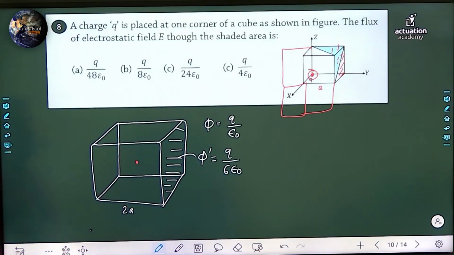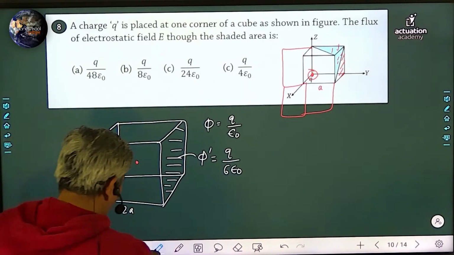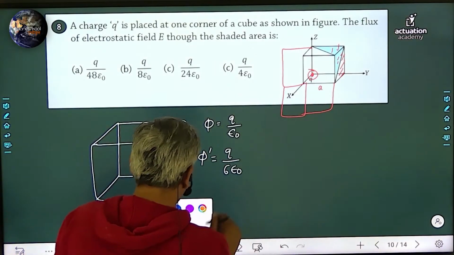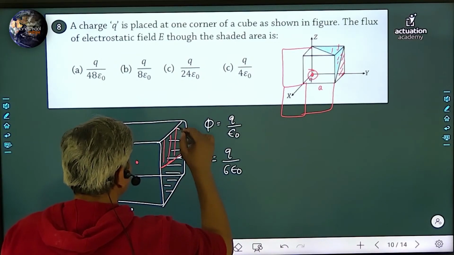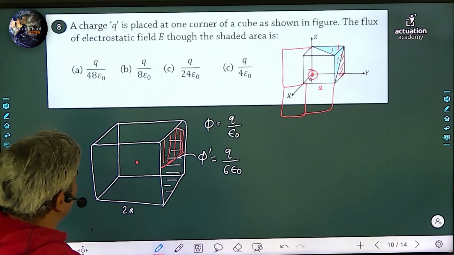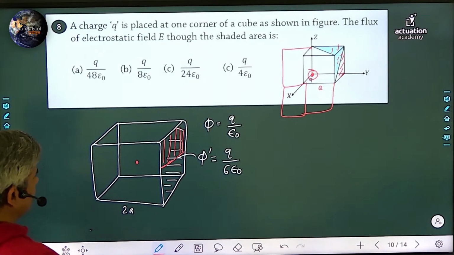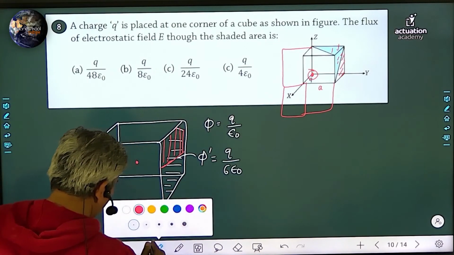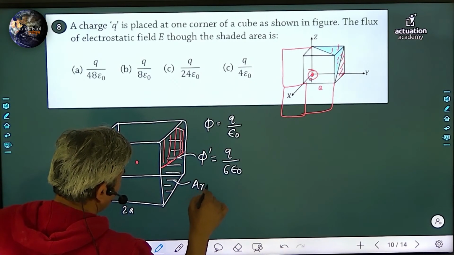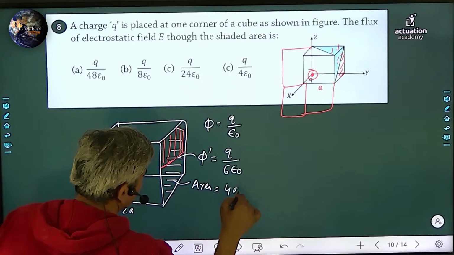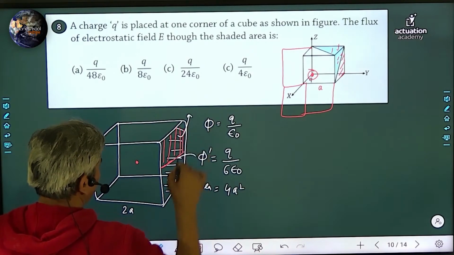But we have to find the flux through this smaller face, which is a part of that bigger face.